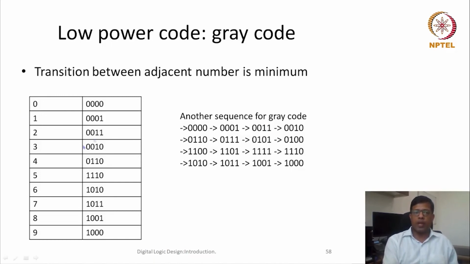Now after 3 we make the next digit, the third digit, 1. So this becomes 4, and the rest of it is essentially in the inverse order of whatever we have done here. So this will become 1 1, then 0 1, and then 0 0.